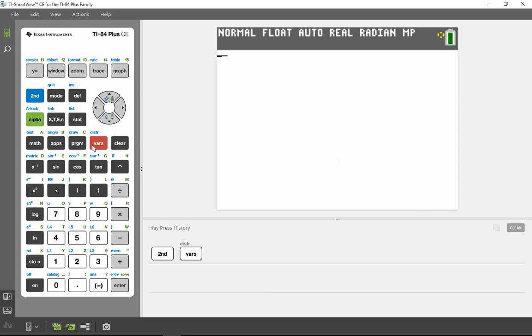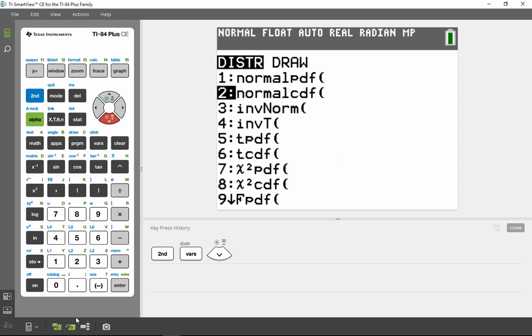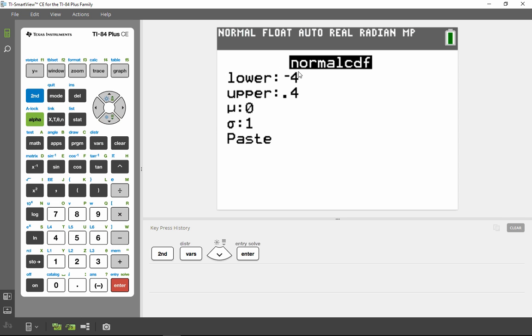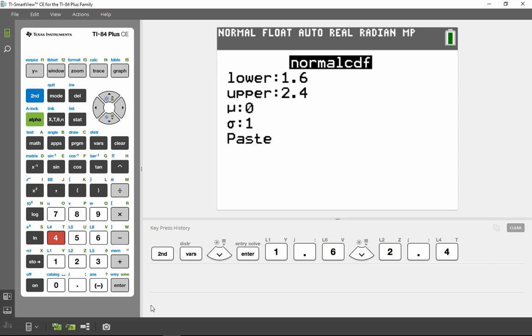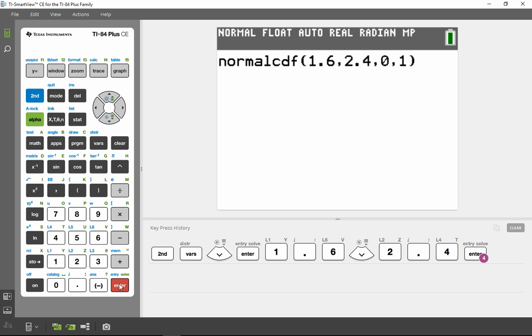Okay, so second VARS. I'm going to go to number 2. My lower, we said, was what? My upper was... The other one was negative 1.6.